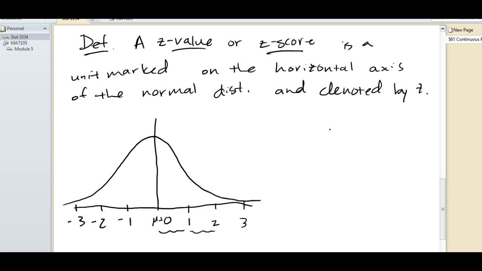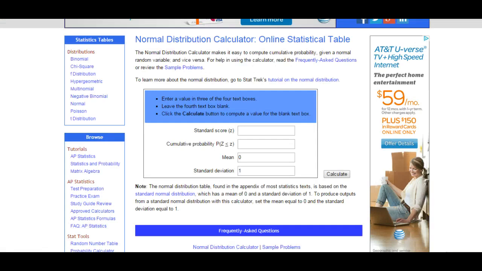So if I looked at z equals 1, I could actually compute a probability. I could think about it two ways. I could think of the probability that the values are actually greater than 1. So let's look at our calculator and see how they denote that. If we go back to the normal distribution calculator, notice they have P of capital Z is less than or equal to z.